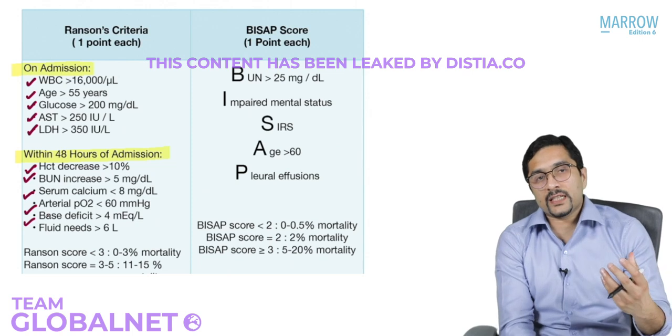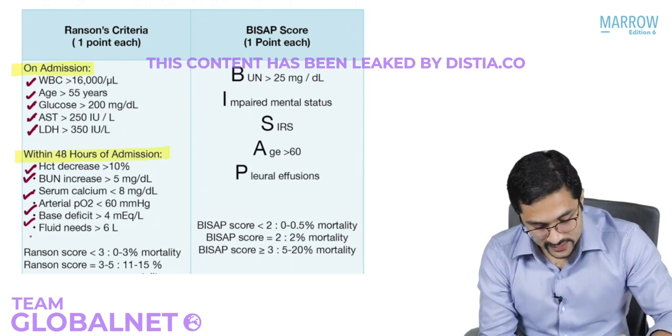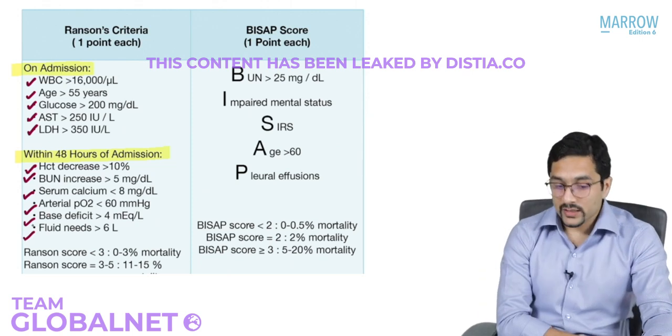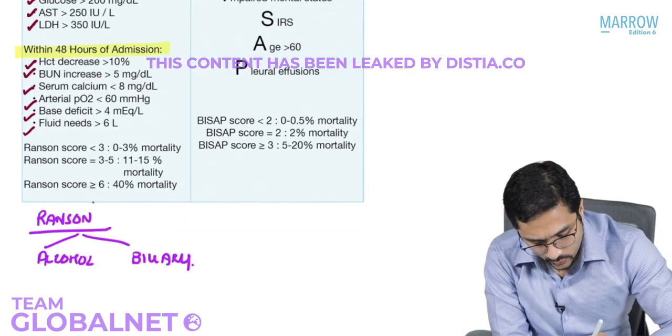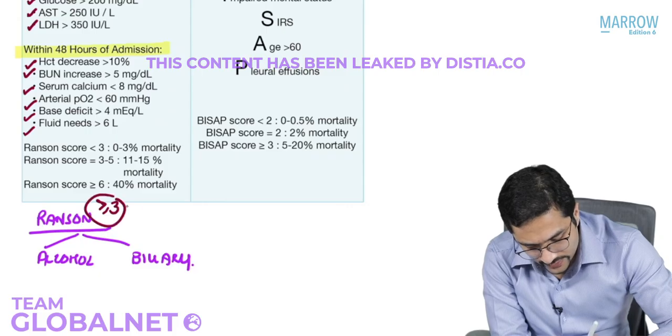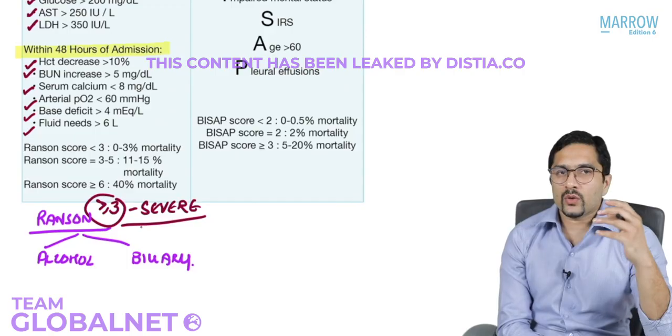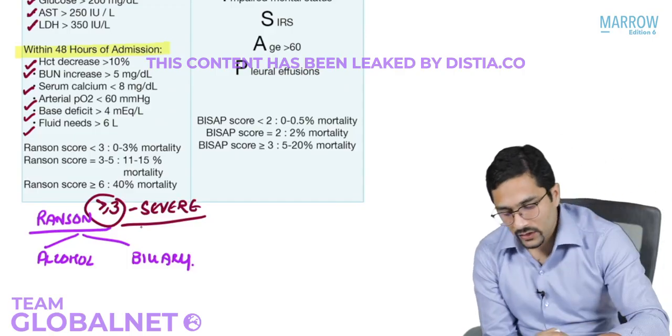Right? Base deficit means that there is acidosis, and fluid requirement more than 6 liters. And again, a Ranson score of 3 or more than 3 is severe pancreatitis. A Ranson score like Glasgow score, a score of 3 or more than 3 is severe pancreatitis.